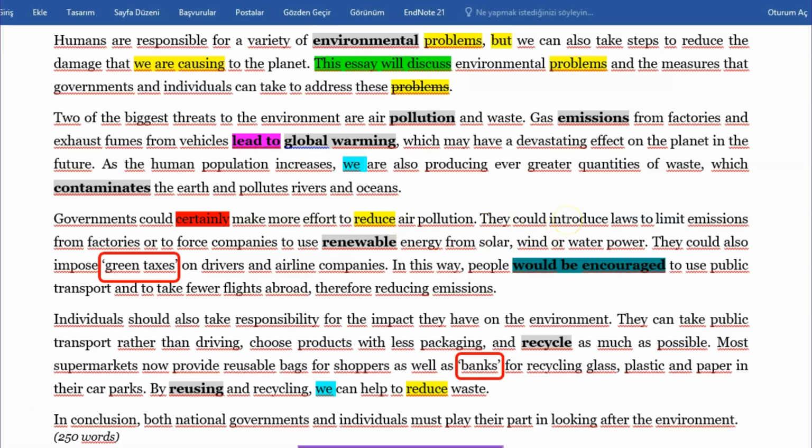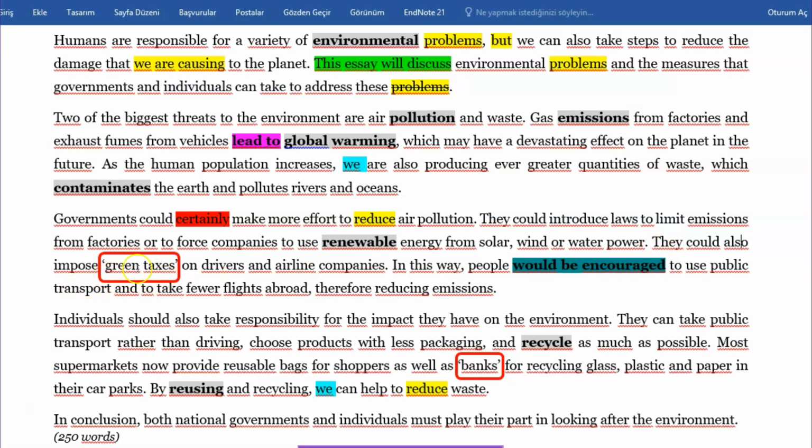They could introduce what? Laws to limit emissions from factories, or to force companies to use renewable energy from solar, wind, or water power. They could also, in addition, instead of saying also, we say additionally or in addition or furthermore, they could impose what?